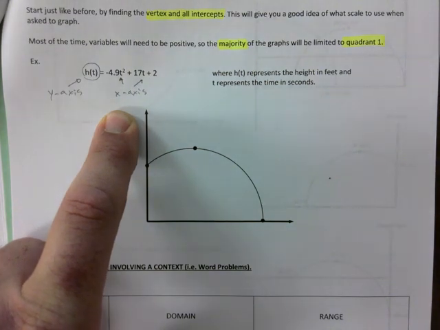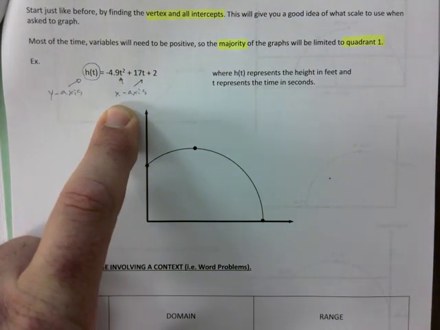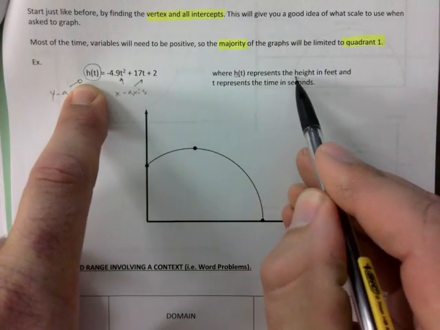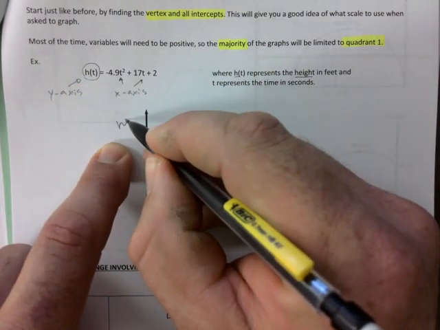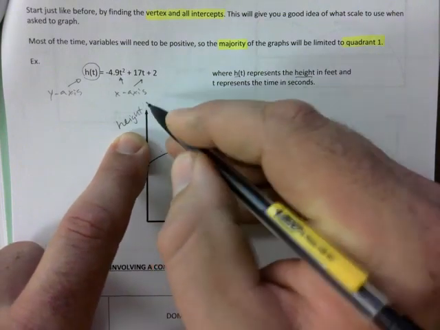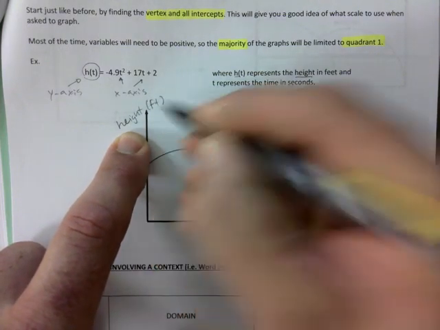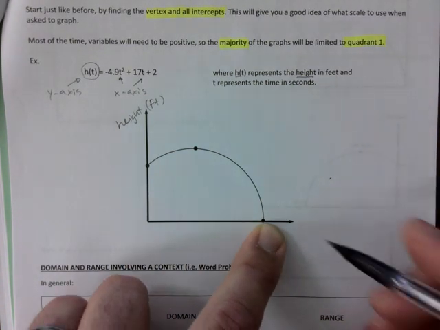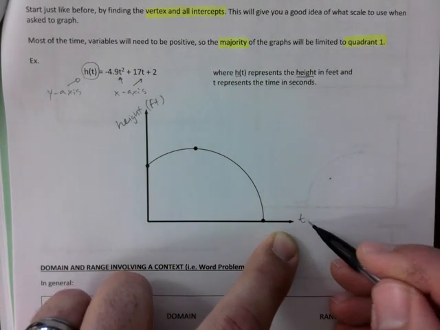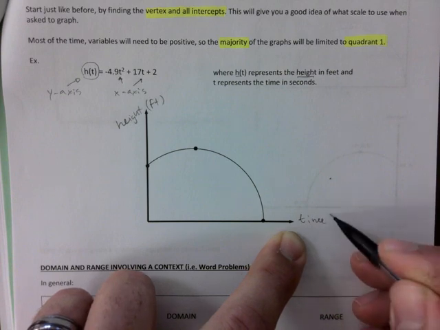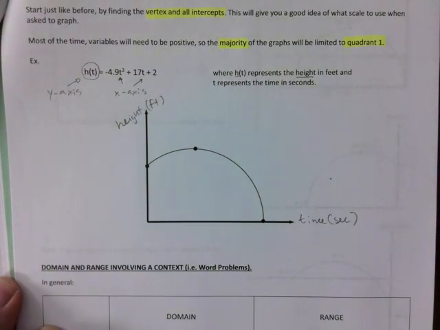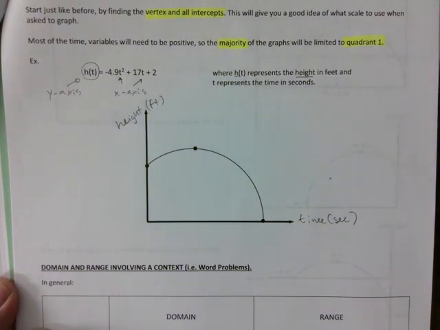So the equation should help you with where to put what. h stands for height, we're told. So you go over here, and somewhere along the y-axis, you say height in feet. And then you go to the x-axis, and that's time in seconds. Don't just write time. You have to add seconds to it as well.